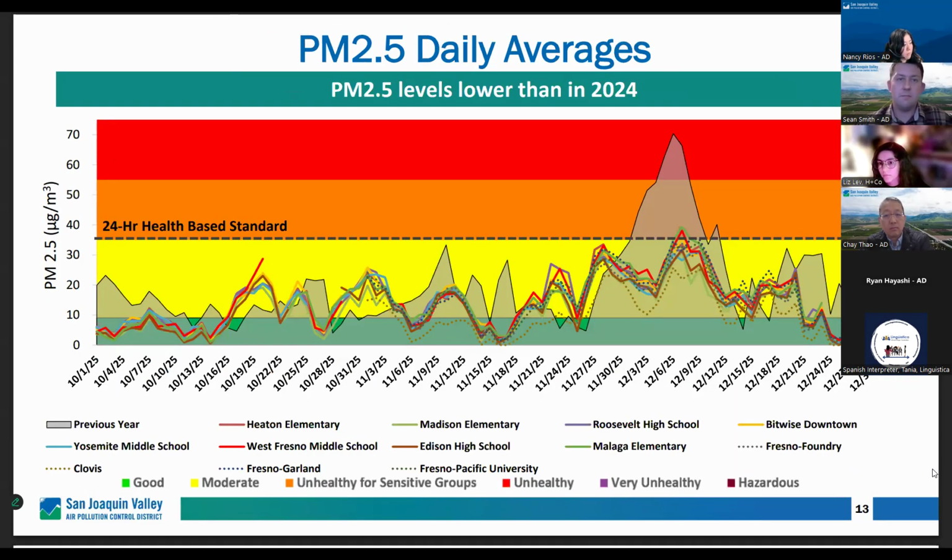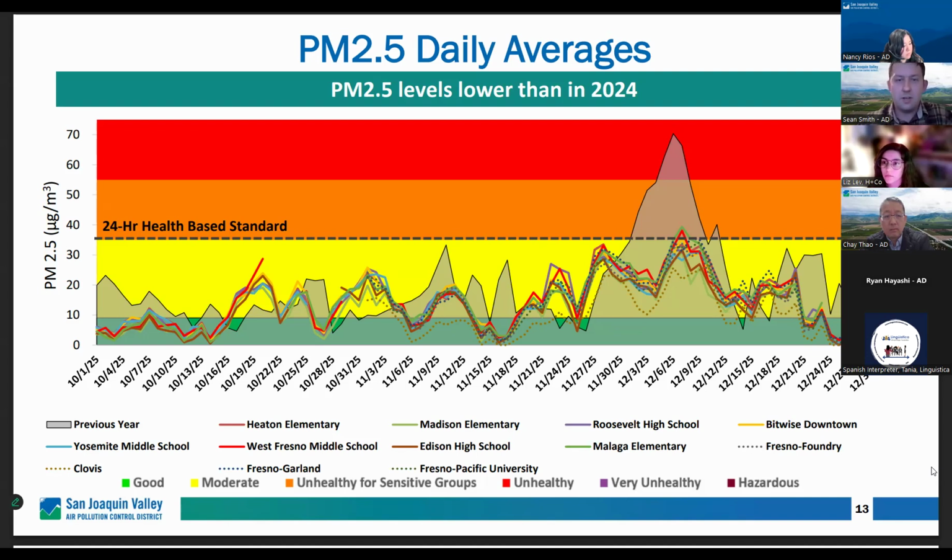So for this slide, we've gone from an annual average, and now we're looking at the daily average for the entire quarter. We're taking the average of each site for the day, and we show each site depicted in different colors in a line graph instead of a bar graph. And we're comparing concentration to each day.